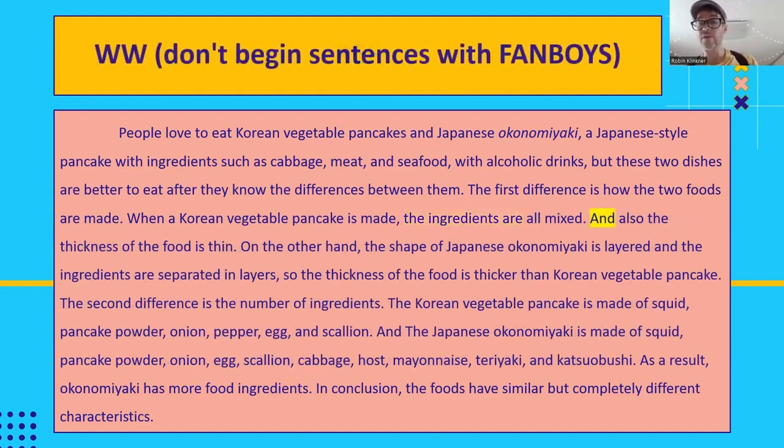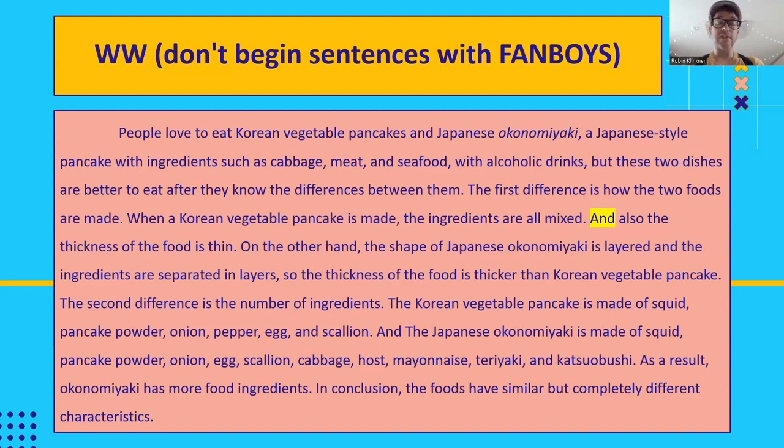And now, one of the rules of academic or more formal writing is not to begin a sentence with fanboys. You may see in many different types of media, including newspapers and magazines, people often break that rule because a lot of times people aren't writing for academic purposes or in a formal context.